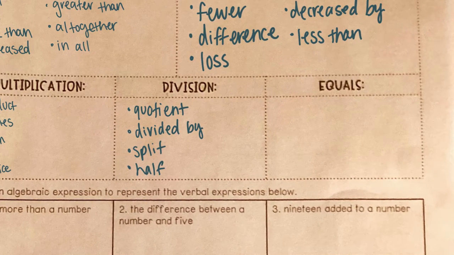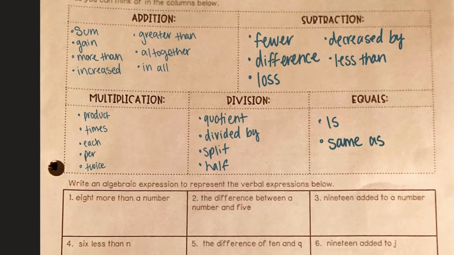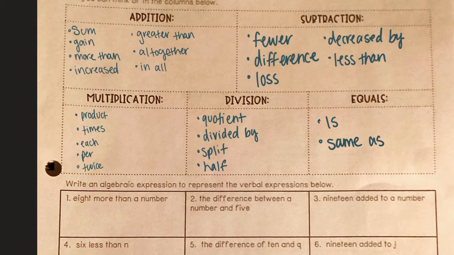And last but not least, equals. There's really only two, is and same as, are the main words that would mean your equal sign. This is not all of the words that you may see, but this is most of them when working with writing out expressions going from verbal form to an algebraic term.